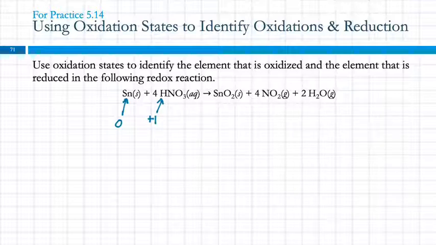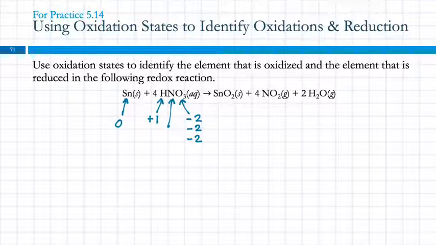So hydrogen, and next in the list is oxygen. What's oxygen going to pick? -2. There's 3 of them. They are each -2. You could write out 3 -2s if that helps. So then nitrogen has to pick up the slack, be whatever is needed so that these add up to 0.